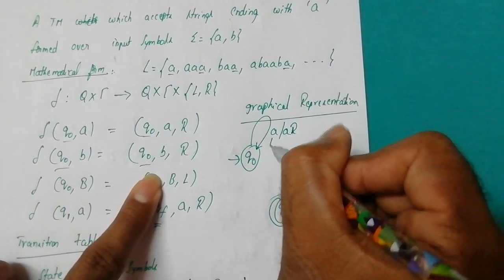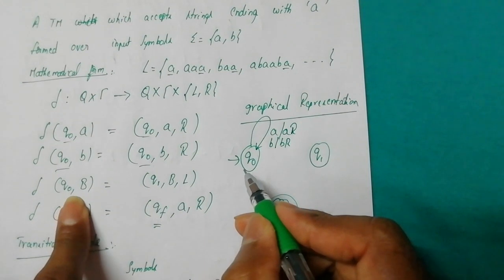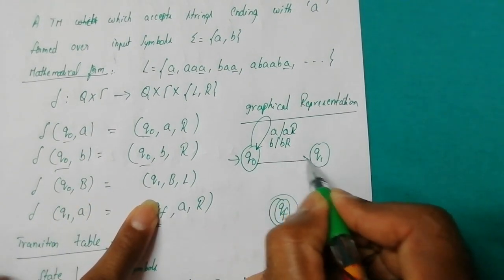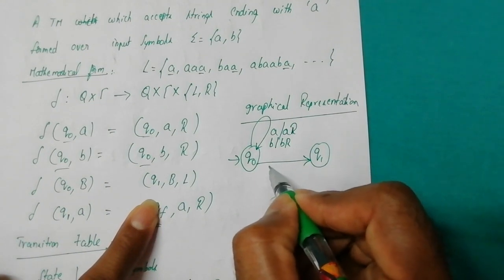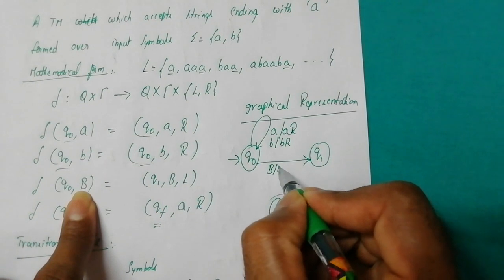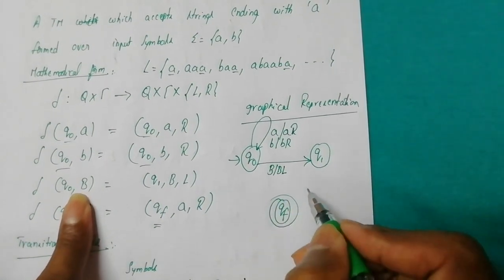Again, same with the input symbol B. Q0 when come across with blank symbol, we move to the state Q1, blank symbol. We are not modifying that blank symbol, and we move one cell to the left direction.